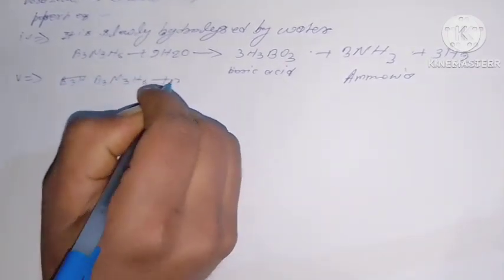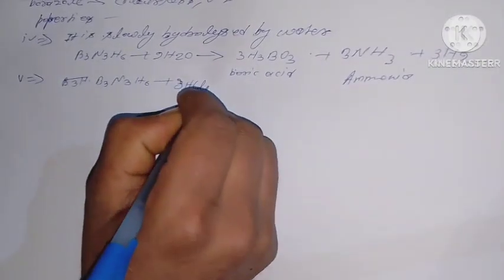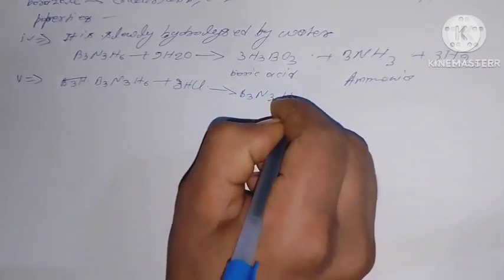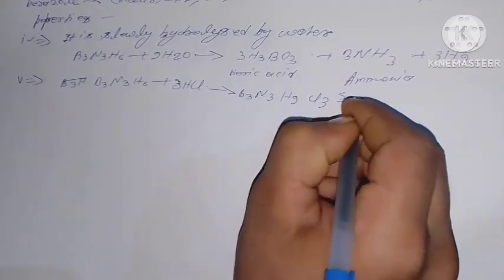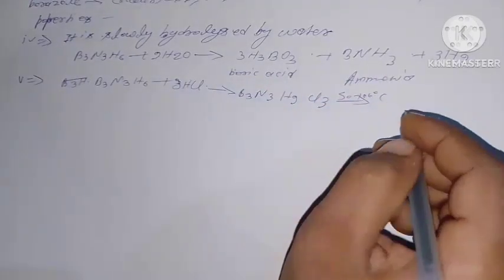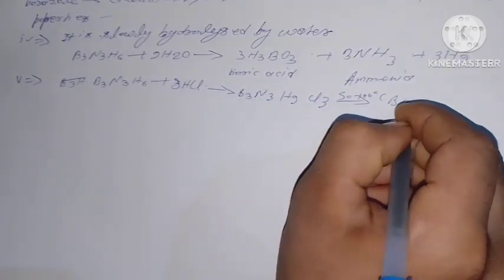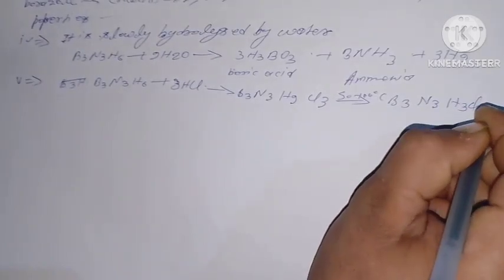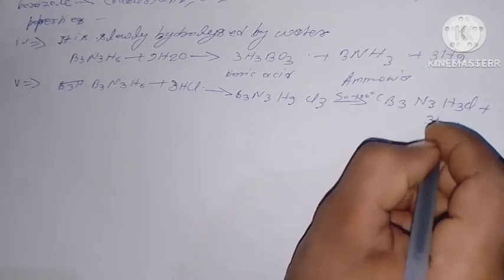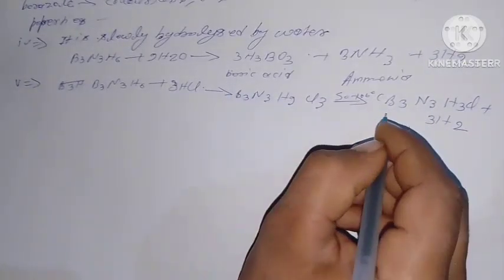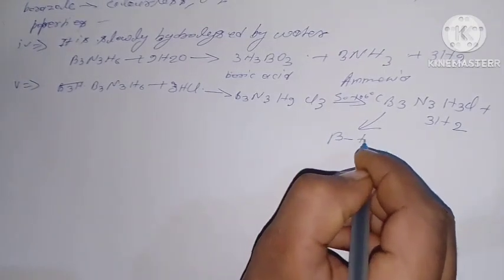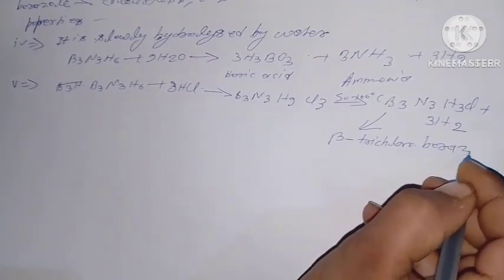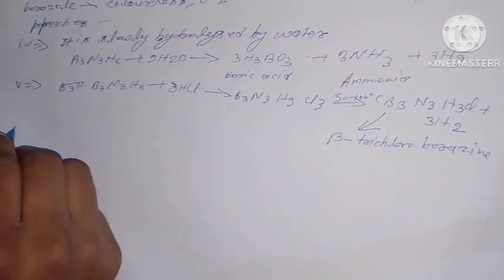B3N3H6 plus 3HCl makes B3N3H9Cl3, which at 50 to 100 degrees Celsius makes B3N3H3Cl3 plus 3H2. This is beta trichloroborazine. Okay.